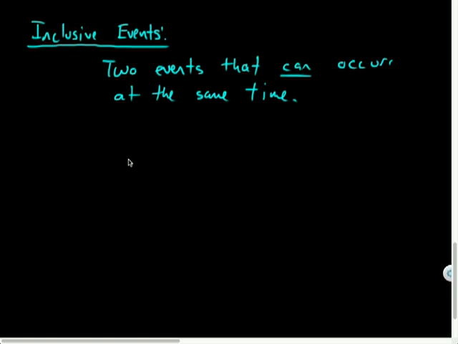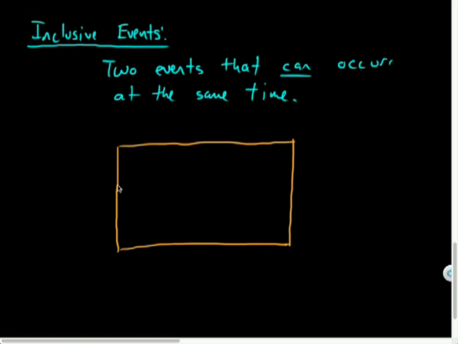So my Venn diagram picture for inclusive events would actually look like a really classic Venn diagram. So I would have, let's see, I think I had my blue circle the first time, and then maybe it was a pinkish circle. So I'd have event 1, event 2, and there's some commonality between them. All right? So this is a possible arrangement of that.